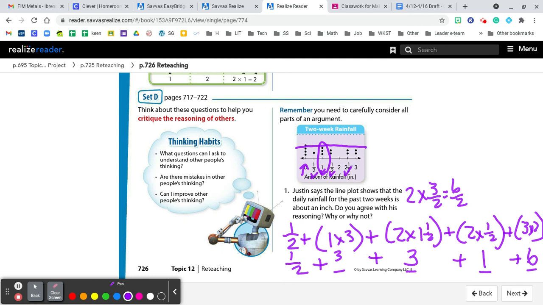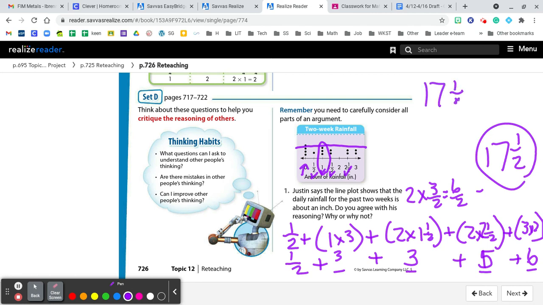Oh, I know what I did here. This is 2 times 2.5. Silly me. So there we go. Now that's better. So we have 17 and 1/2 as the total. And if you take 17.5 and you divide it by 2 weeks, which is 14 days, your answer comes around 1 inch a day. So we can say yes on that one.